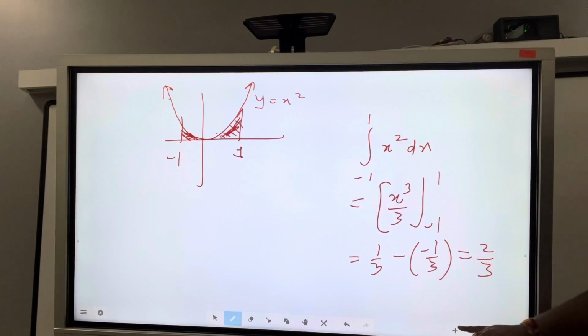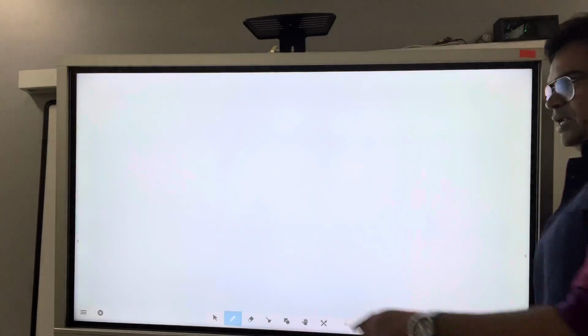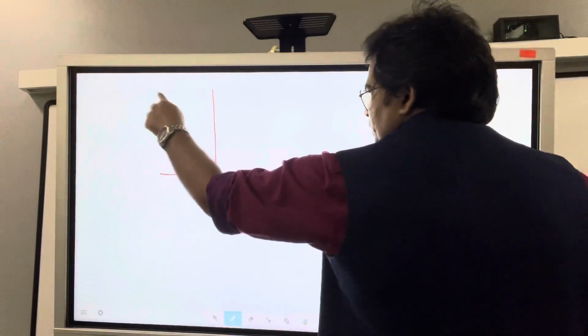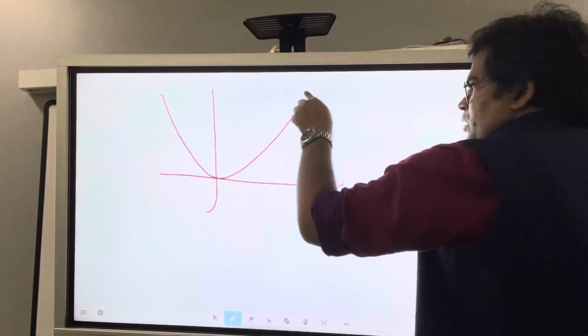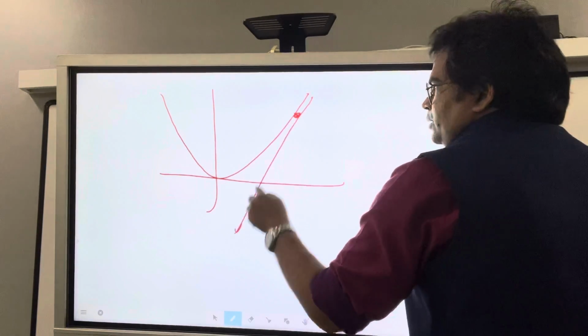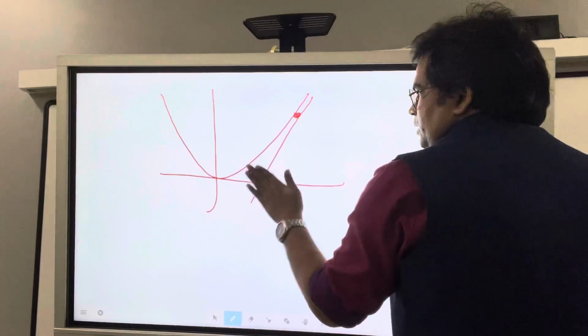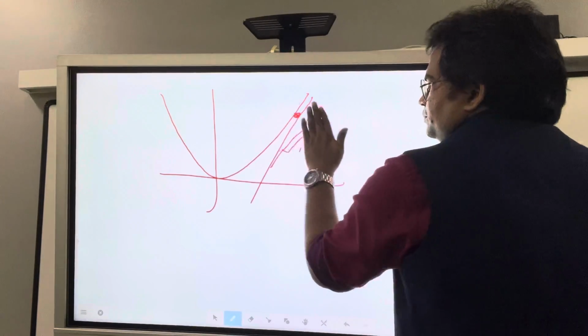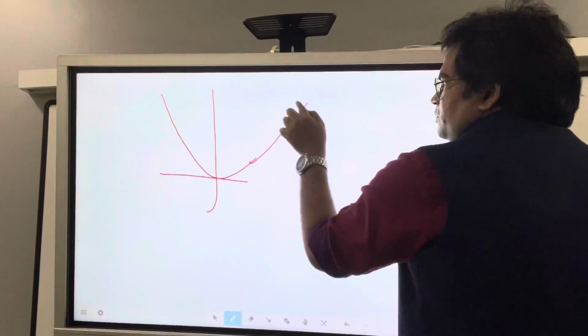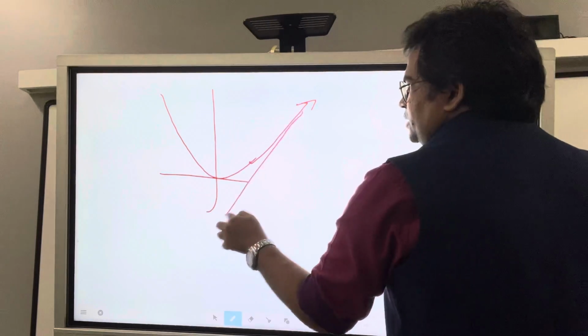Now, one of the very common questions that is assessed in ADMATH is on this logic. Suppose you have been given a function and they'll ask you to find the equation of the tangent at a certain point. So mixing up the two things. Let's say here we've got the function and I'm drawing the tangent at this point.